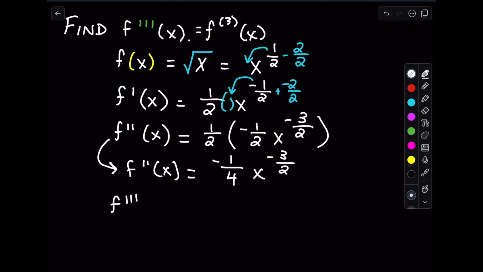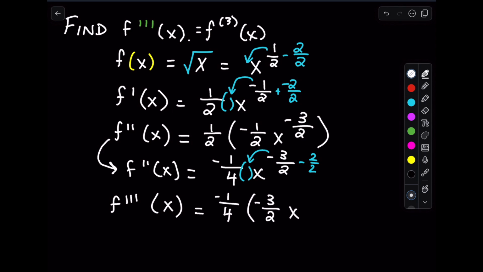Deriving that for the third time, remember we're putting now negative 3/2 in front of the x and subtracting 2 over 2 in the exponent. So the third derivative is negative 1/4 times negative 3/2 x to the power of negative 5/2.